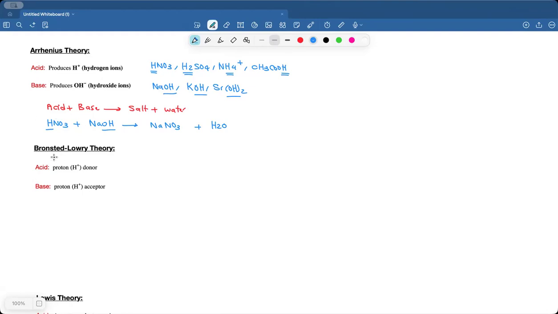The second one is the Bronsted-Lowry theory. Based on this theory, it's not about H+; we call H+ a proton. The reason is that H+ has 1 and 1 for atomic number and atomic mass.